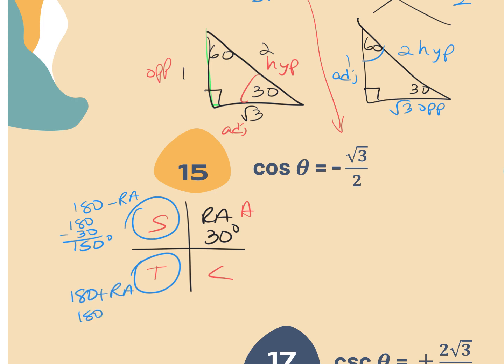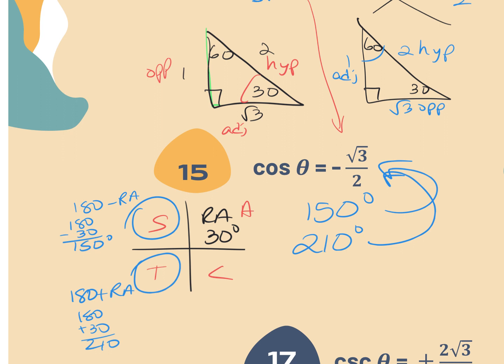So it's going to be 180 plus 30, and it's 210. So the answer for theta in this question is 150 and 210. So if you did the cosine of 150, you're going to get this answer, or if you did the cosine of 210, you would get this answer.